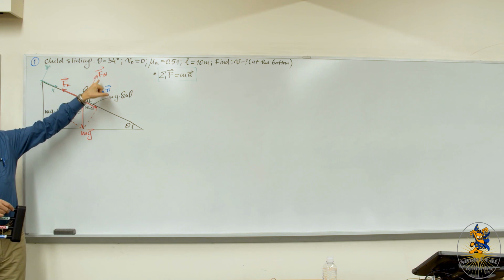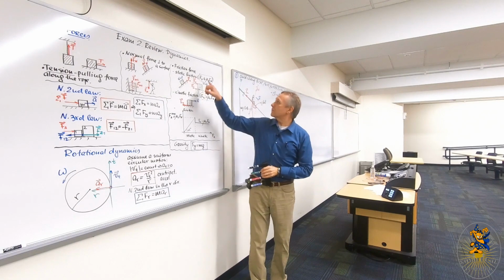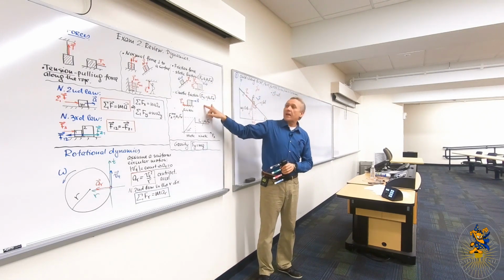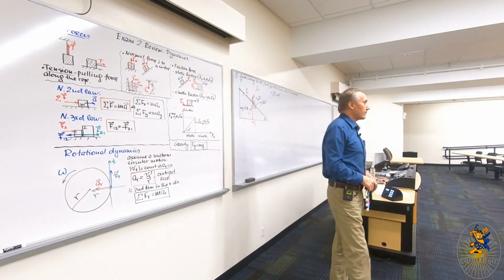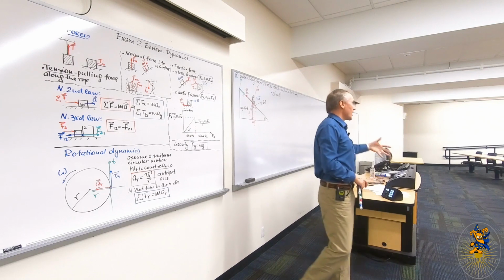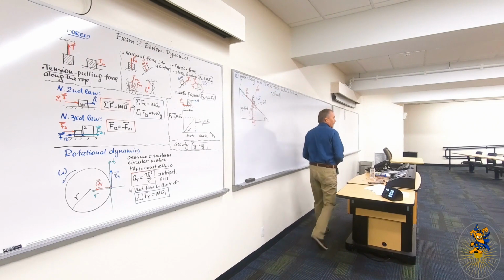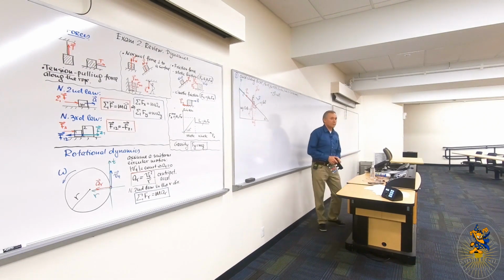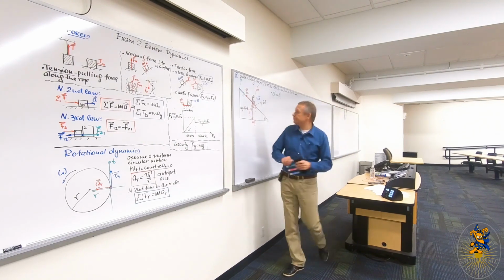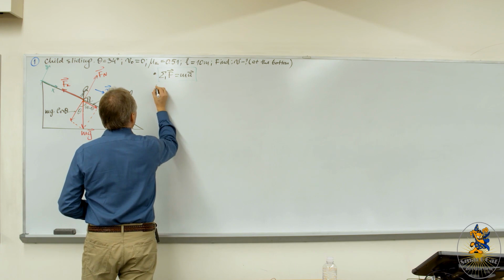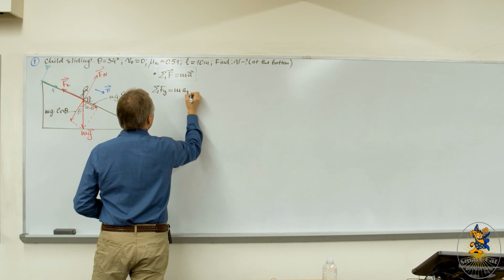Once I know the normal force, I will be able to find the friction force, and the friction force is involved in the x equation. So if I start with the y equation, I prepare the friction force, and then I can use it immediately in Newton's second law in the x direction. It makes the solution, at least in my opinion, somewhat smoother. So that's why I usually start with the y equation. Sum of the forces in the y direction equals mass times acceleration in the y direction.